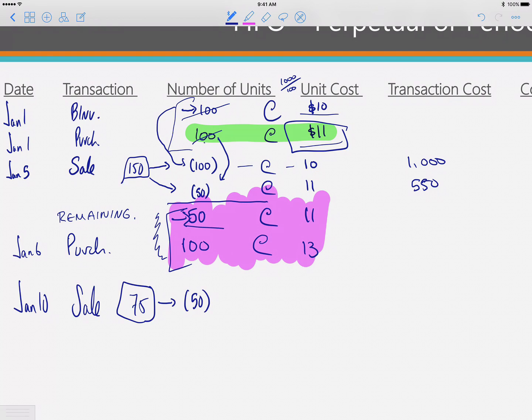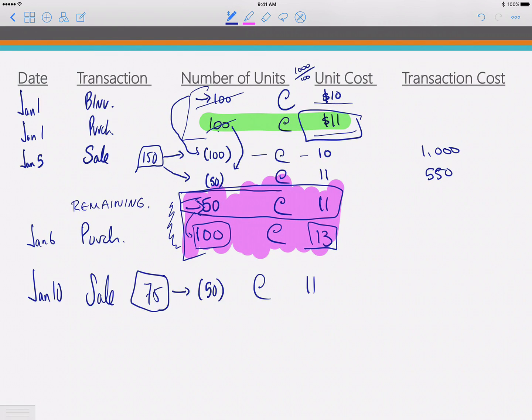And how much did we pay for it? We paid 11 for it. So 50 at 11. But we still need to sell another 25 units. So we go to the next line. We have 100 units that we purchased for 13 each. So 25 at $13 a unit, and that is our sale.